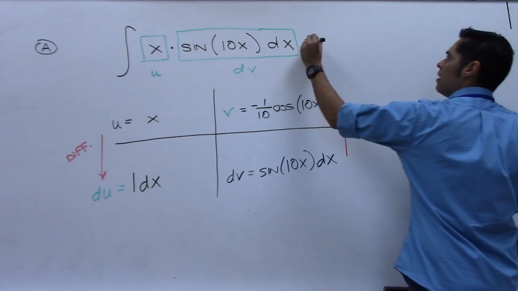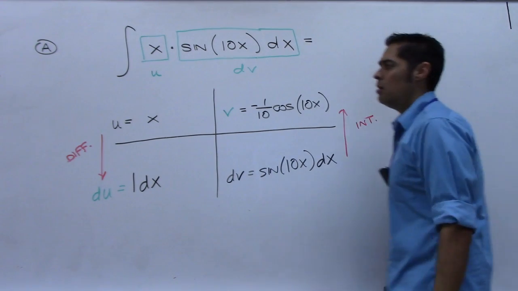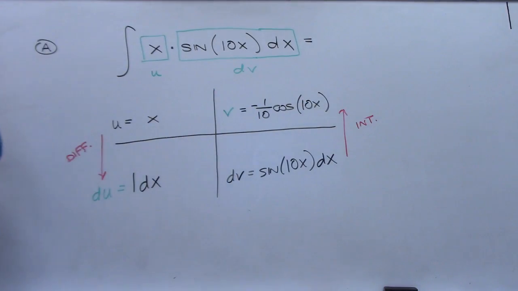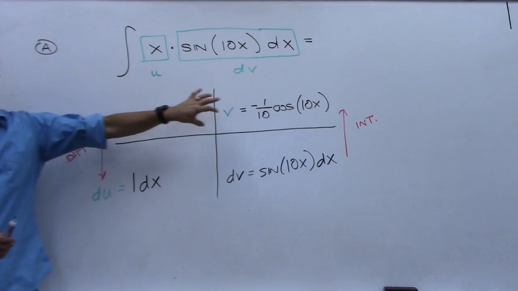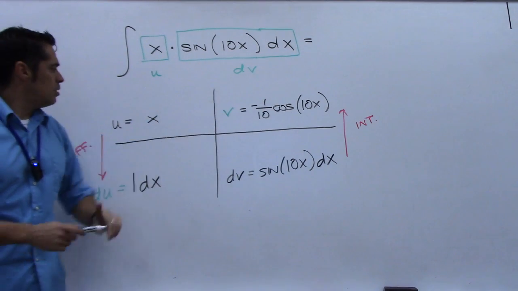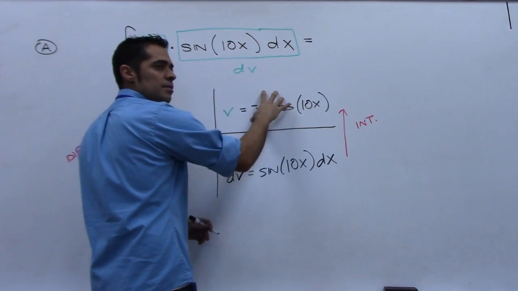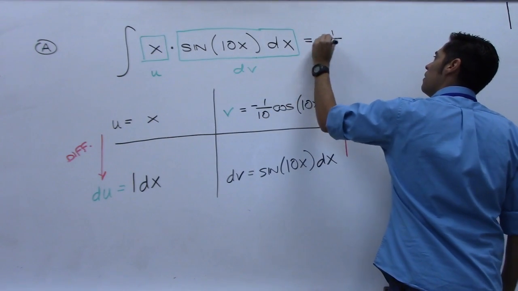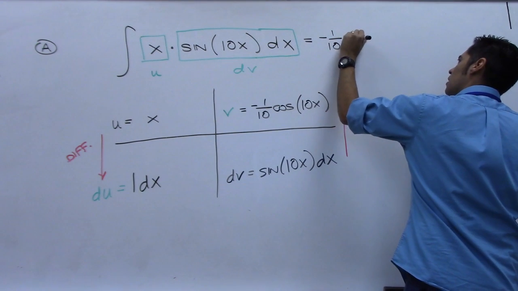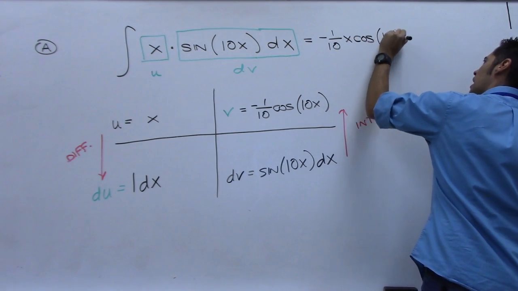So this integral becomes, first of all, what? uv, u times v, which if you look at your table is the multiplication of these two straight across, isn't it? So multiply x times this, and what would you have? Negative 1/10 x cosine 10x.